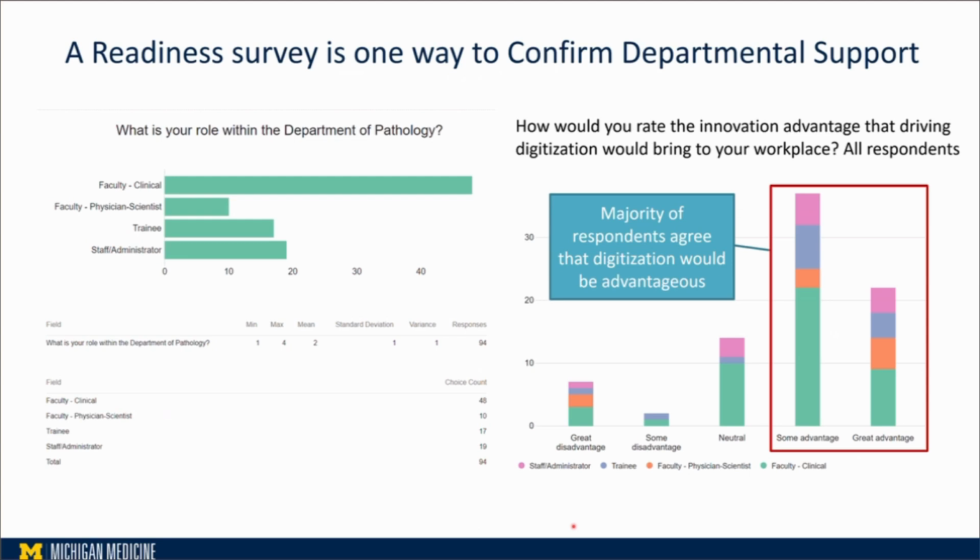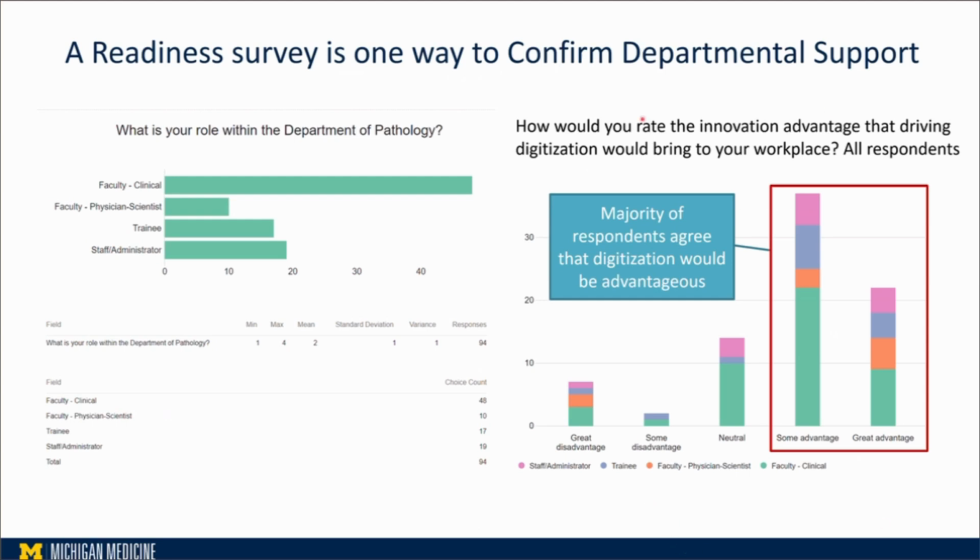So one of the things we did was build a survey, and this survey was sent not only to the pathologists, but to most of the staff of the institution. That includes clinical faculty, physician scientists, trainees, and staff and administrators. We put together multiple questionnaires, and in those we wanted to understand what the challenges are, for example, to move into digital.